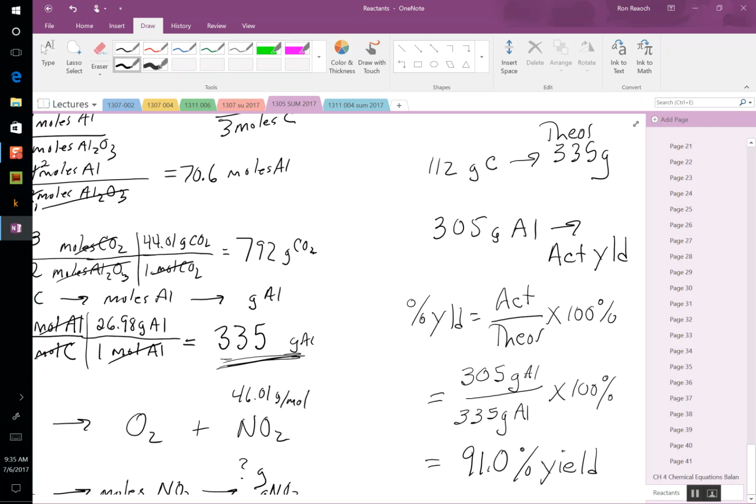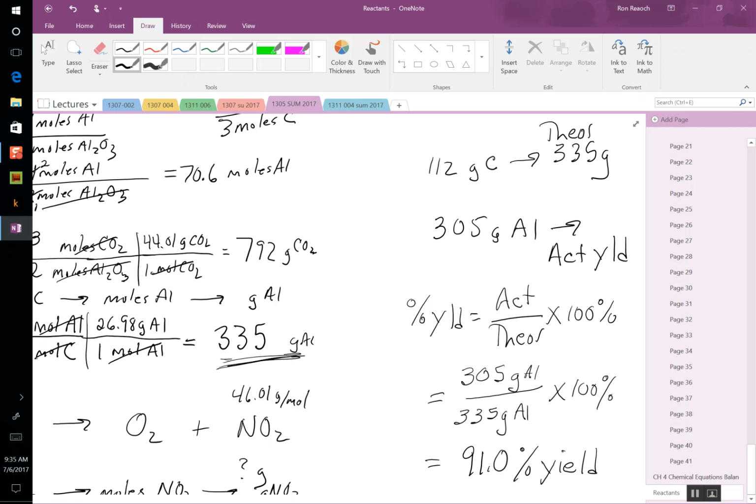So if Alcoa is out there with an overall yield of, let's say, 98%, and they got a competitor that is producing aluminum at 99%, they actually are getting 1% more aluminum every time they run their reaction. They could have a competitive advantage.